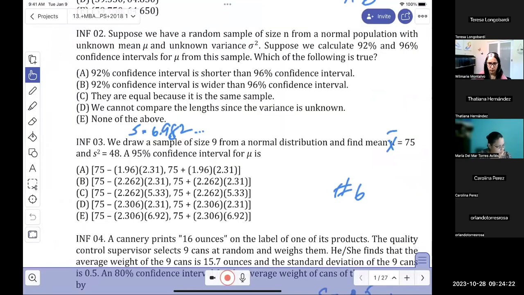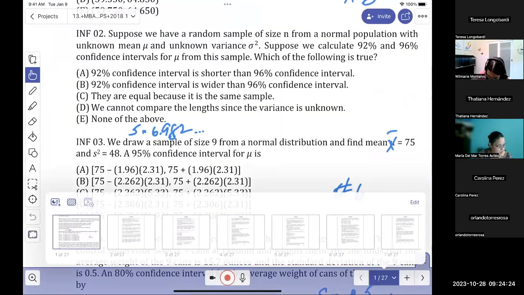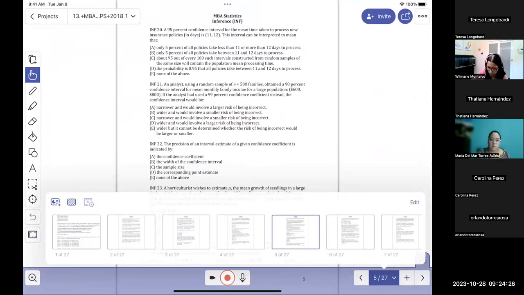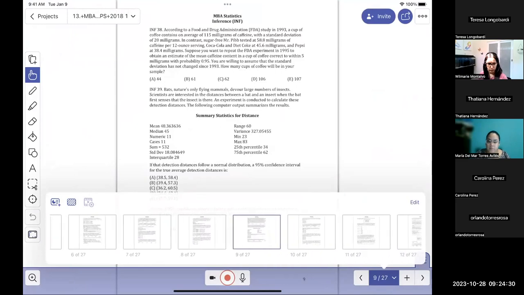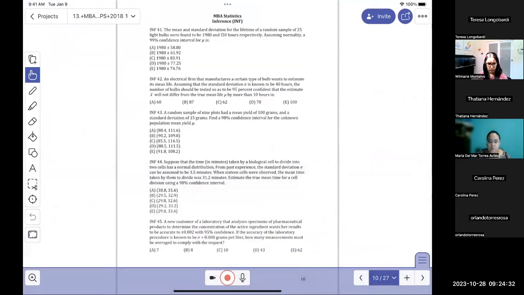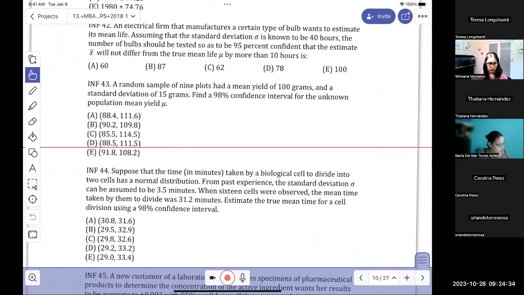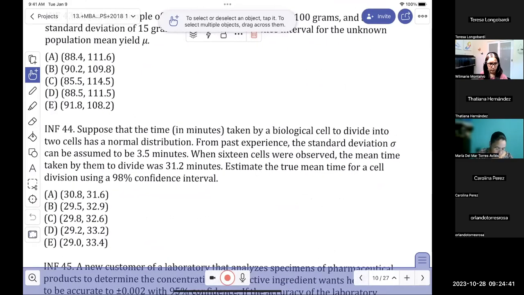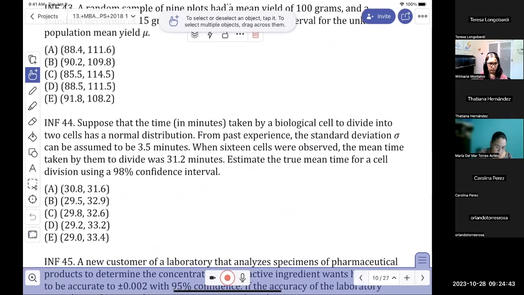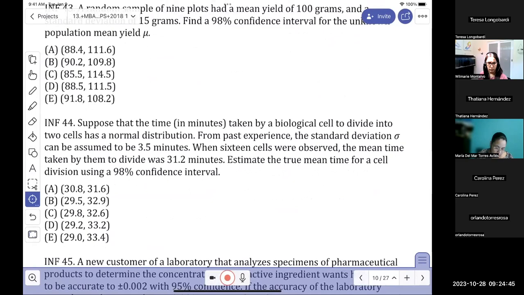Okay, 44. It's on page 10. I have the correct answer, but I was confused because I don't know why it didn't use the degrees of freedom.